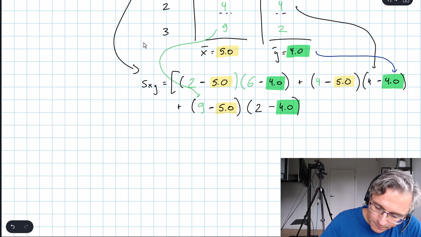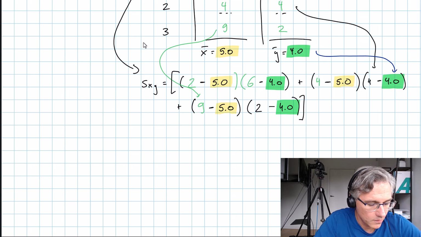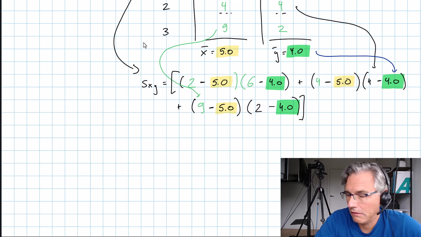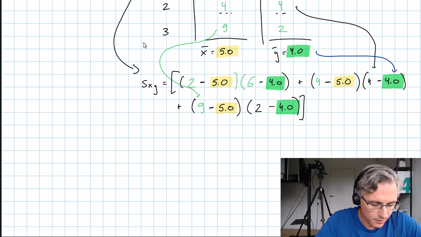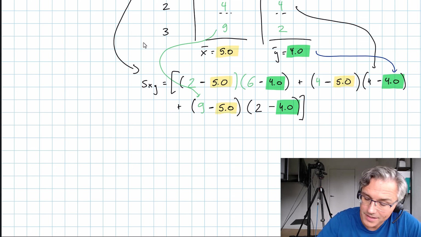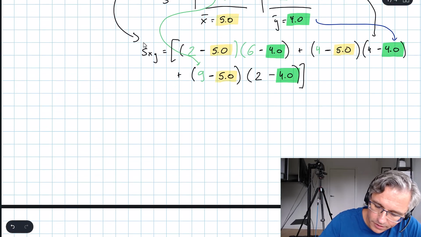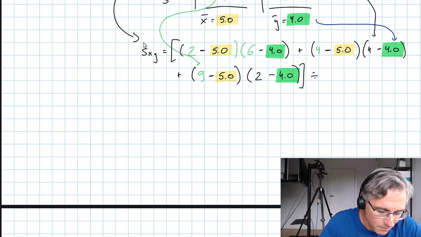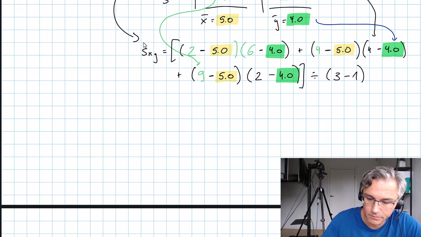As you can see, with a sample of 3 observations, it's relatively simple. If you have more, you have to rely on a calculator, and I'll show you how to do this on the calculator in just a moment. And we still need to take the average, kind of average, by dividing the whole thing by n minus 1, which is simply 3 for n minus 1, so we'll be dividing by 2.